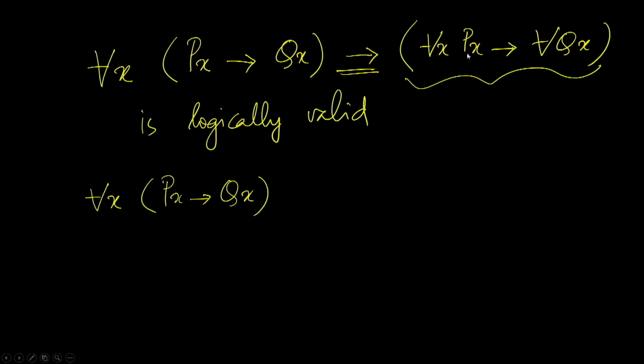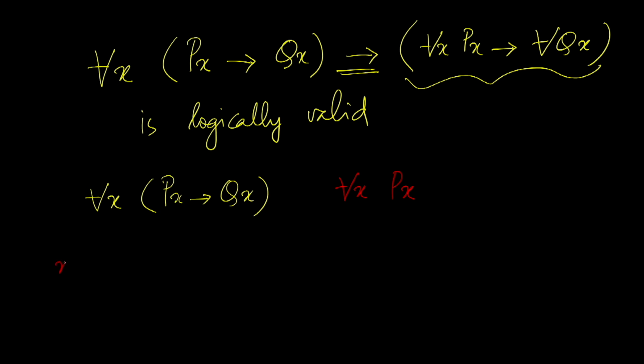So here again, let us assume that the antecedent of this implication is true. So we make these two assumptions: for all x, Px implies Qx is true, and for all x, Px is true.